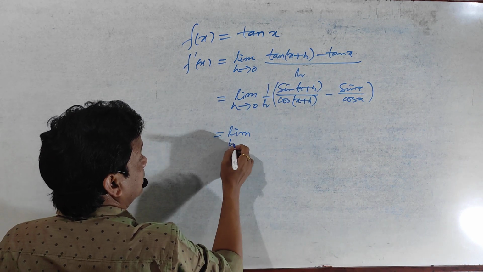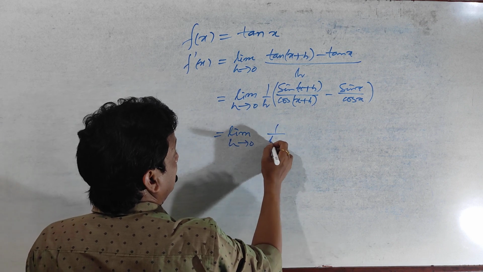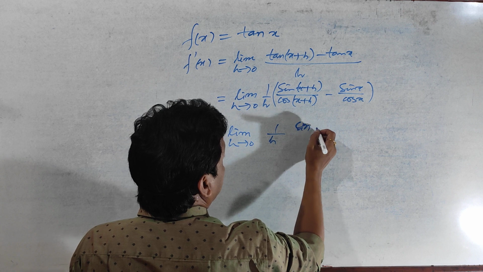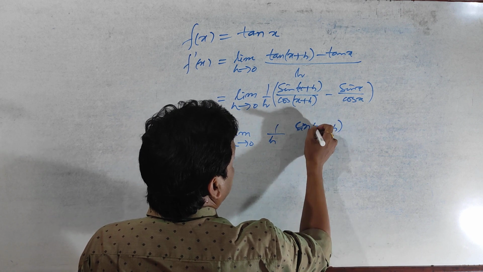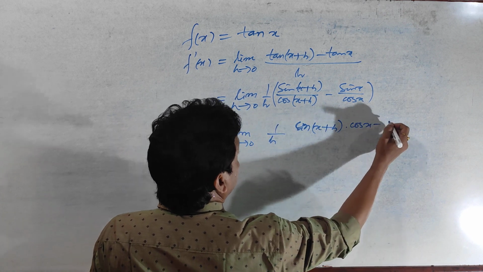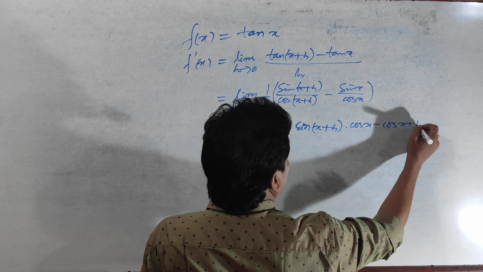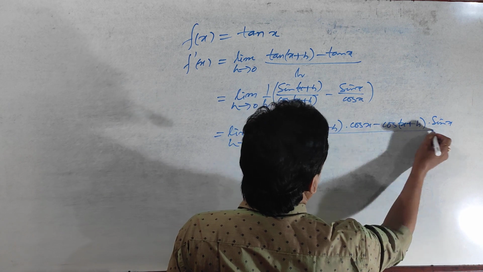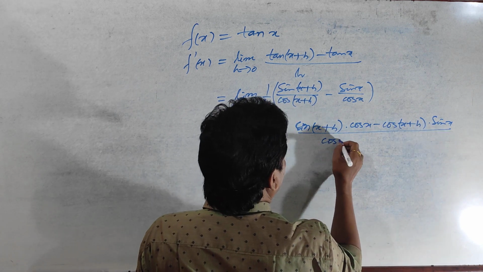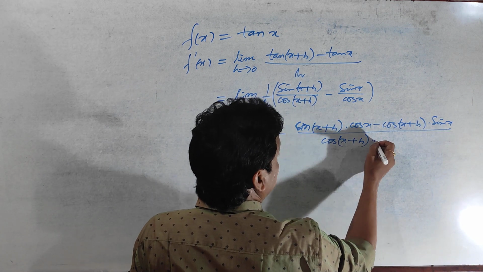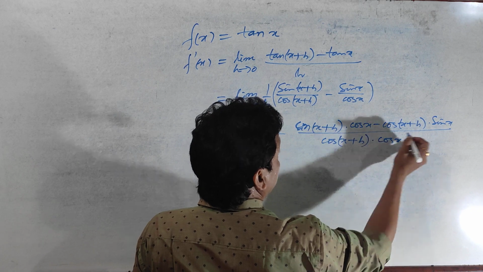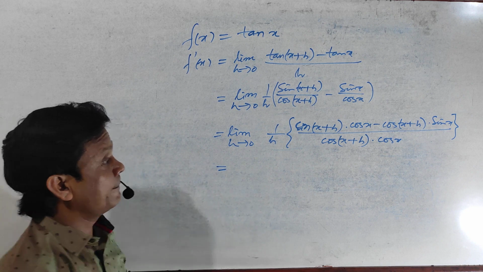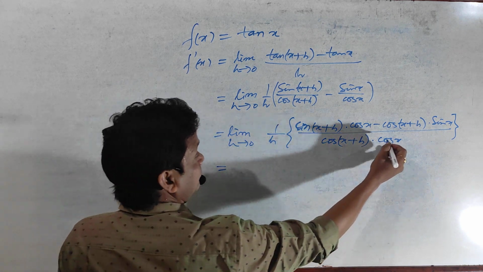So limit h tends to 0, 1 by h, take the LCM: sin of x plus h into cos x minus cos of x plus h into sin x, whole divided by cos of x plus h into cos x. Clear? Simply I have taken the LCM.